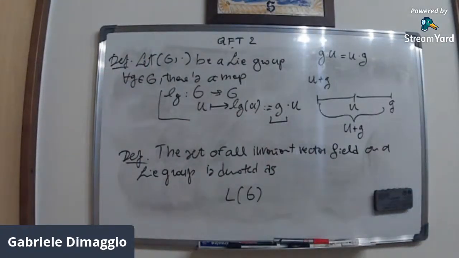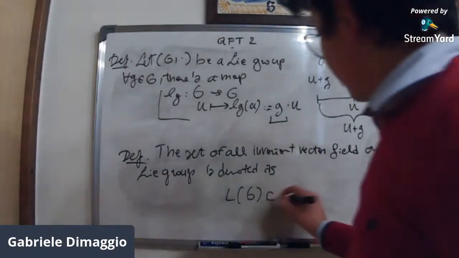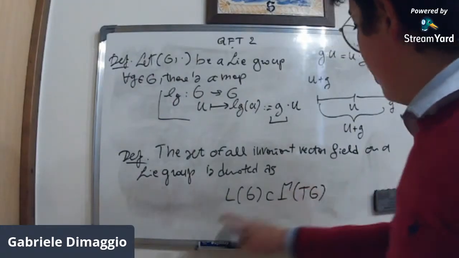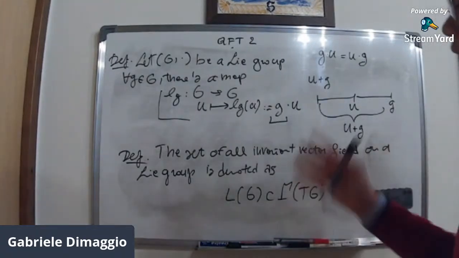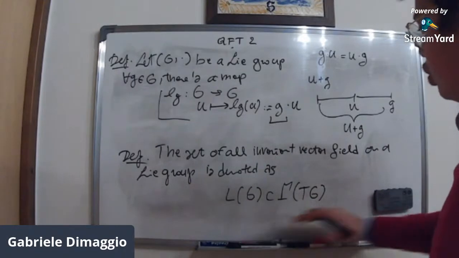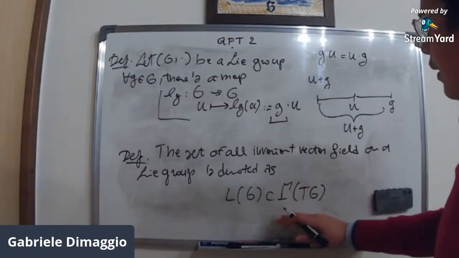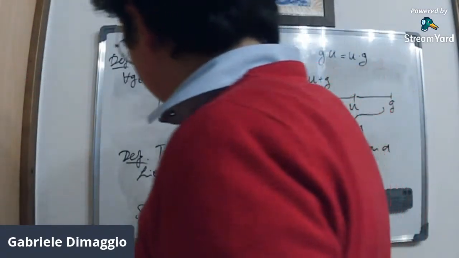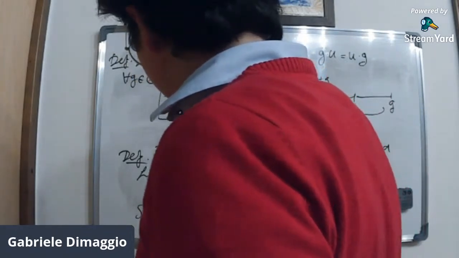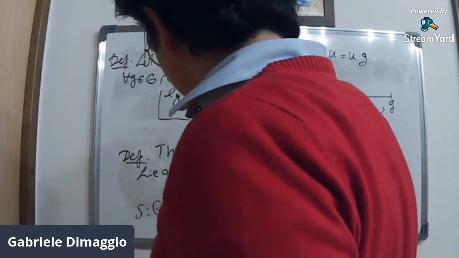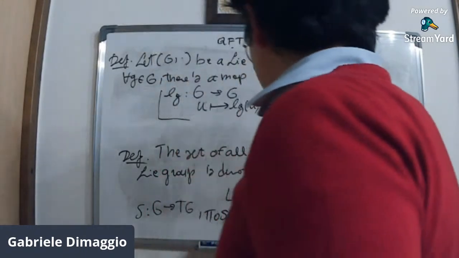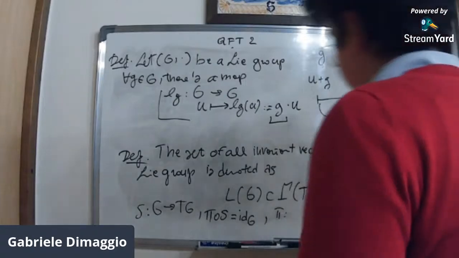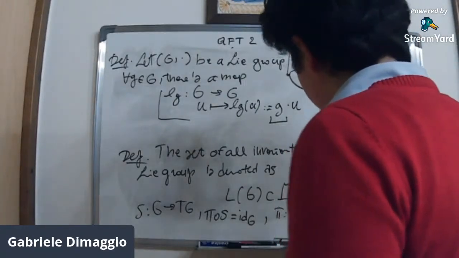This is a subset of the set of all sections over the tangent bundle TG, where the tangent bundle TG is the union of all tangent spaces over G. A section is a map from G to TG such that pi composed with it is equal to the identity of G, where pi goes from TG to G. Okay, perfect.